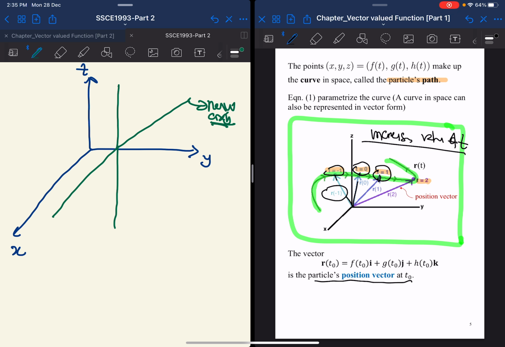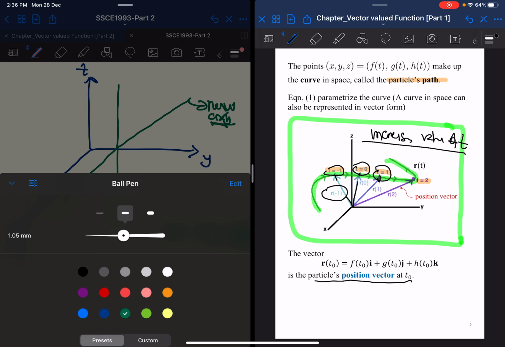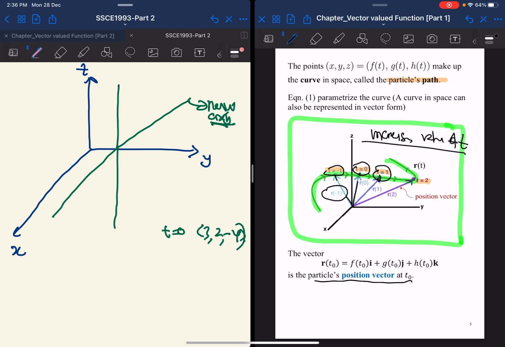So let's see t equal to 0. We know that the coordinate just now is 3, 2, negative 4. Let me make a dotted line here. So this one is 1, this one is 2, this one is 3.